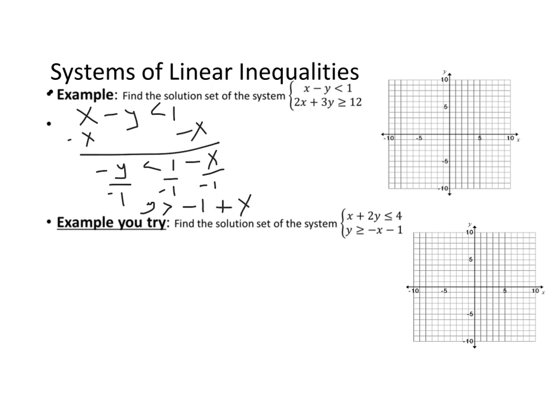Note the y-intercept is negative 1, and our slope is positive 1. Remember, I want to see a minimum of 3 points. And remember, because it's a greater than sign, we're going to dash our line in.